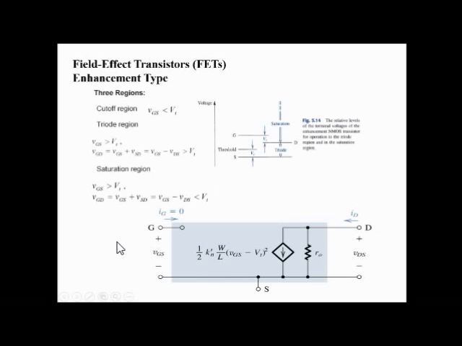So we can easily say VGS minus VDS is greater than VT, so it comes under the triode region. Similarly, for VGS greater than VT and along with that VGS minus VDS less than VT, it will be operating in the saturation region. So these are some variables which are very useful for deciding the region in which this FET is operating at a particular instant of time.